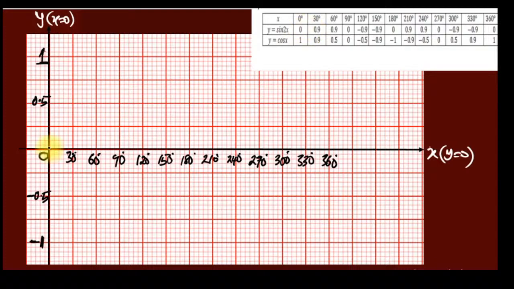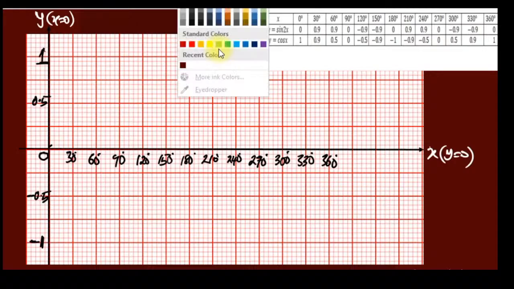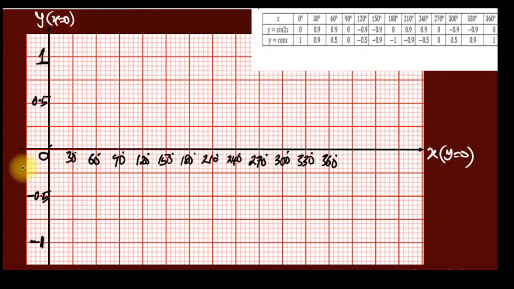So this is the origin. So that's the first point. When x is 30, y is 0.9, and we didn't get something here.